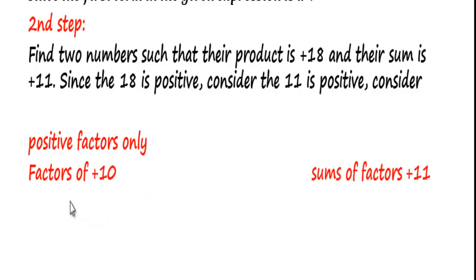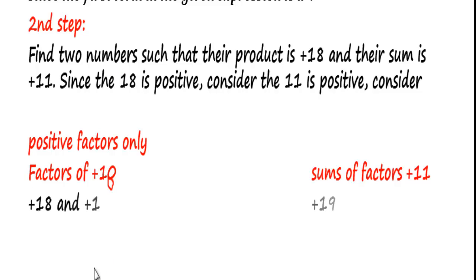Then we are talking about the factors of 18, and when you add them together it's going to give you 11. That is the two numbers that you multiply together to give you plus 18, and when you add them together they will give you plus 11. Are you following now? So let's move on.